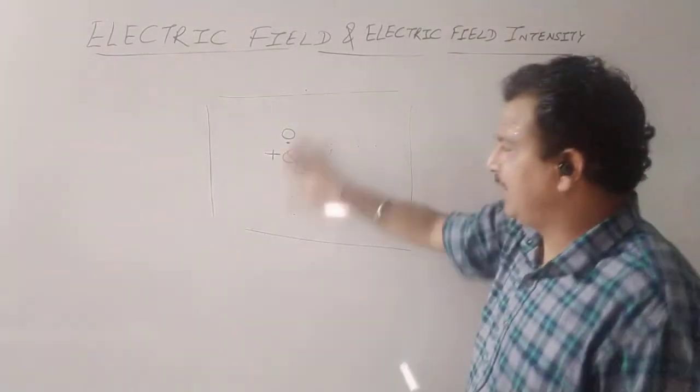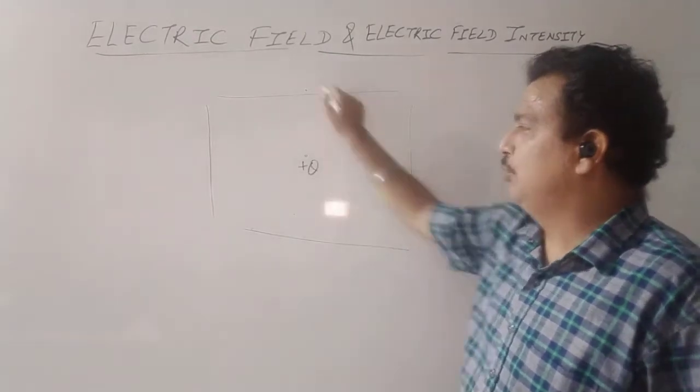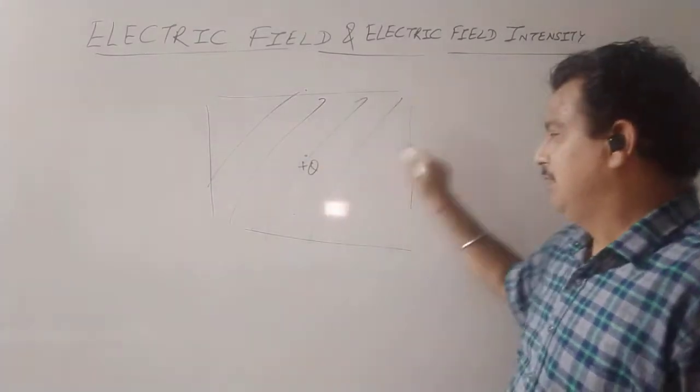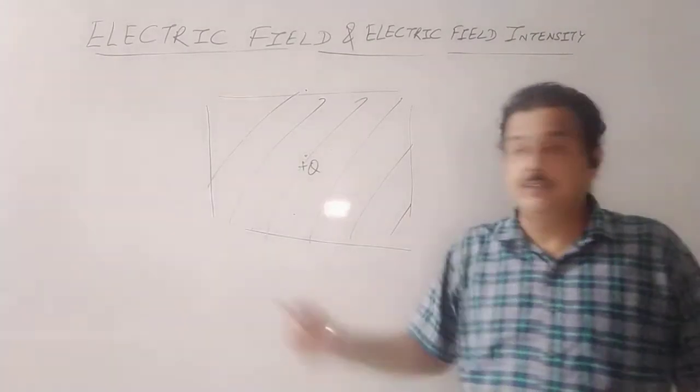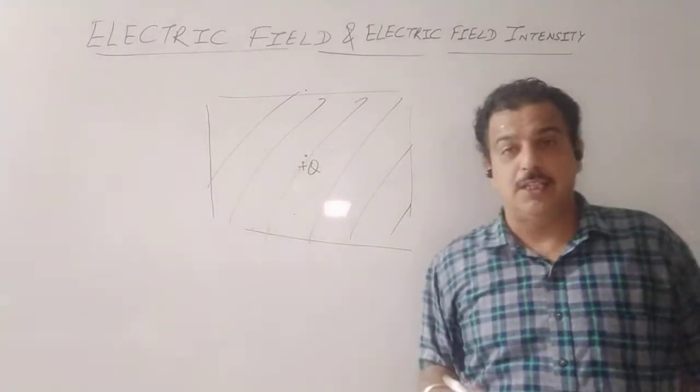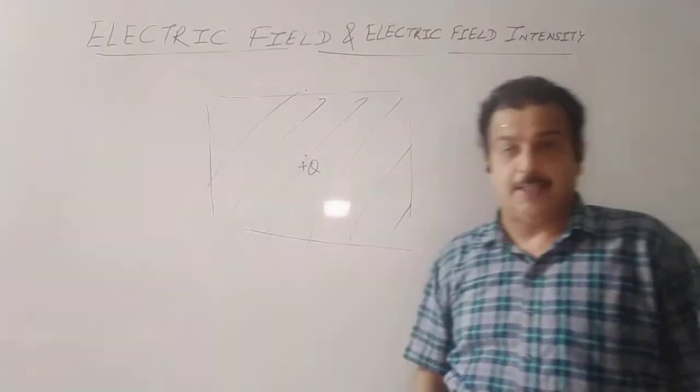So this entire space of plus Q, this entire space where its effect is prevailing, means इस प्लस Q चार्ज की दादागिरी इतने इलाके में चलती है.